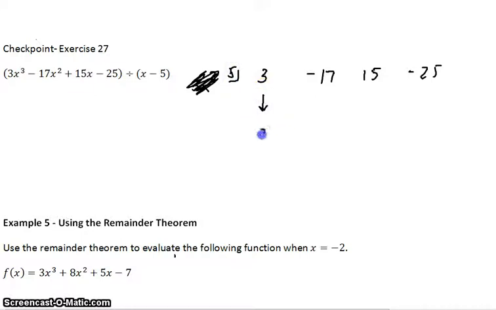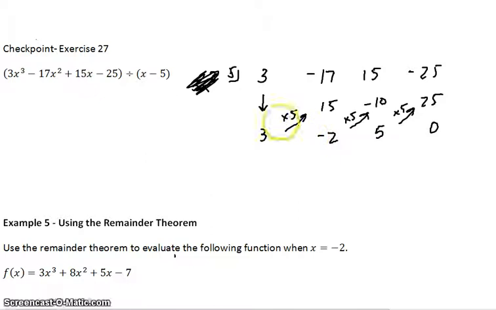So I'm going to drop down the 3, times by 5 to get 15, to get a negative 2, times by 5 again to get negative 10, and then times by 5 one last time, and get a remainder of 0. So this was the coefficient for the x cubed. Our answer now, the one below it, will be 3x squared minus 2x plus 5.